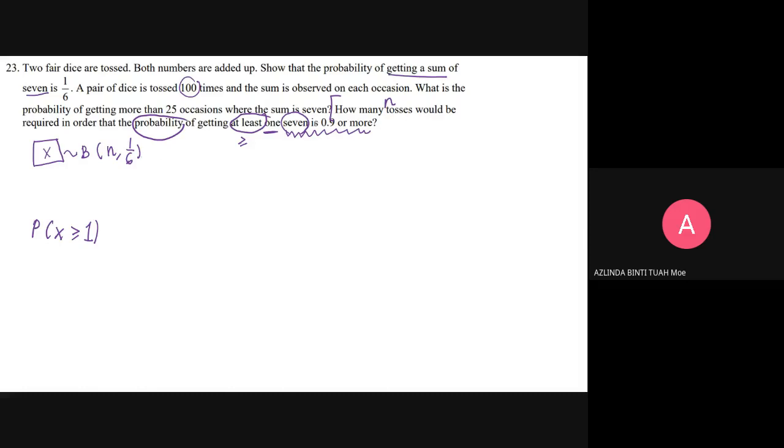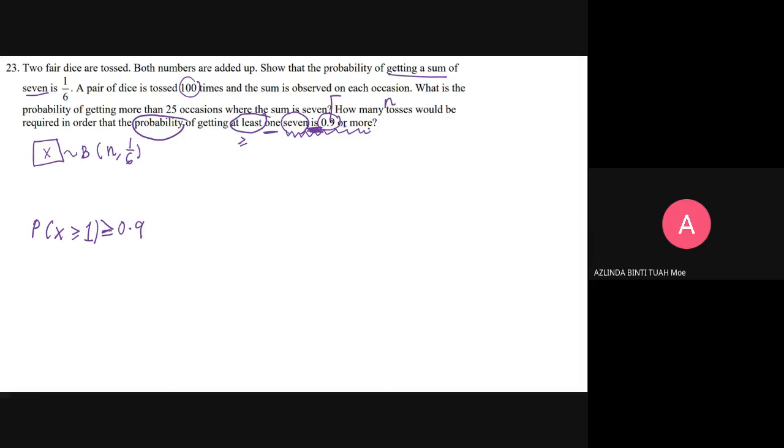What is the next sentence? The probability at least one is equal to 0.9 or more, greater or more.